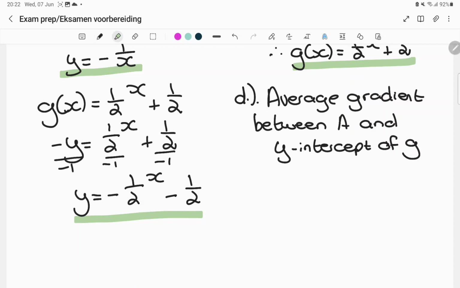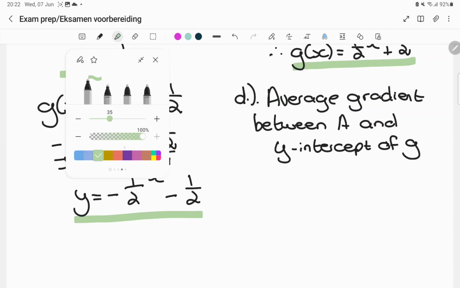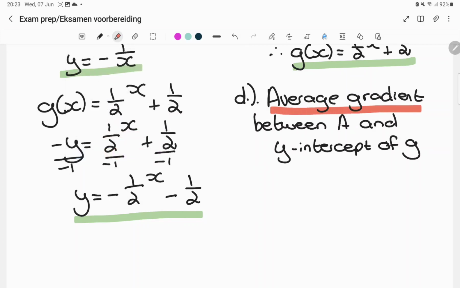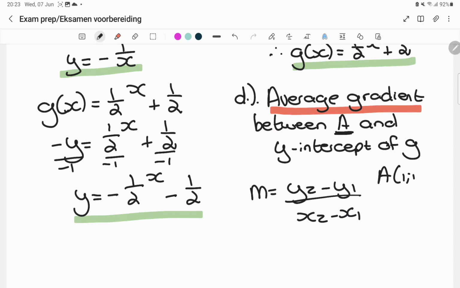Now remember, whenever you have to work out a gradient, wanneer ook al jy die gradient van iets moet uitwerk, you know that the formula of gradient is m equals y2 minus y1 over x2 minus x1. So to be able to substitute values in, you have to get the coordinates. We're going to get the coordinates of A, which is 1, 1.